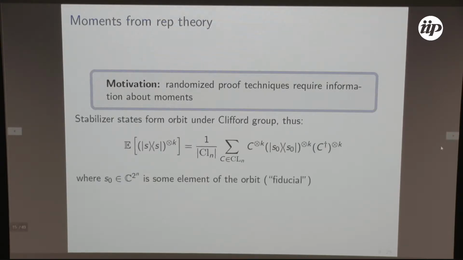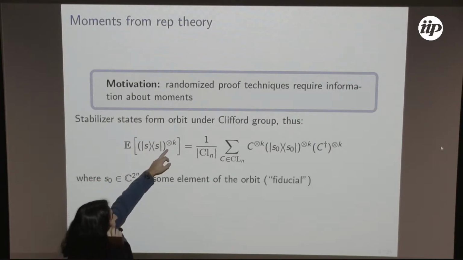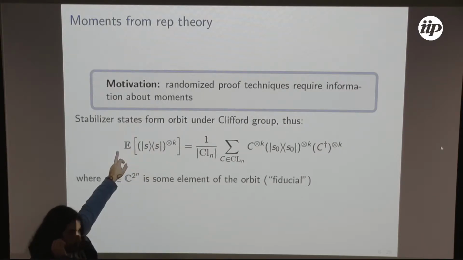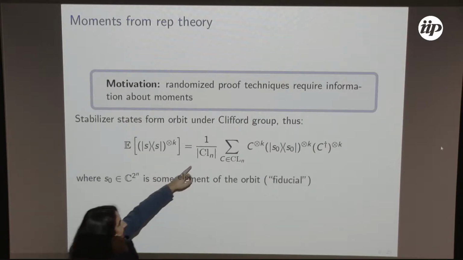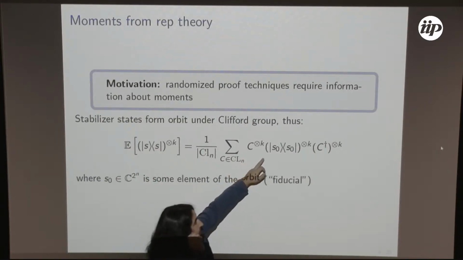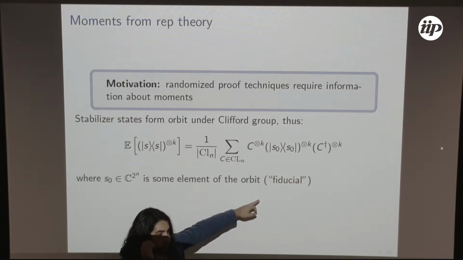Well, stabilizer states, as I just mentioned, form an orbit under the Clifford group. So if I want to compute moments, which is just looking at tensor powers of these stabilizer states and averaging over all of them, then because they form an orbit of the Clifford group, this is the same as twirling over the entire group, starting with an arbitrary starting point in the orbit that is sometimes called a fiducial.